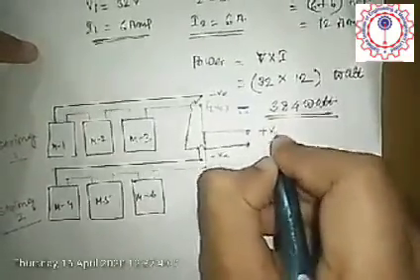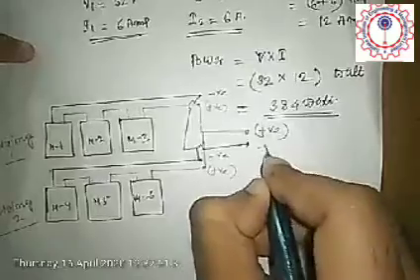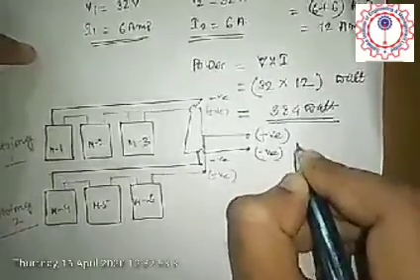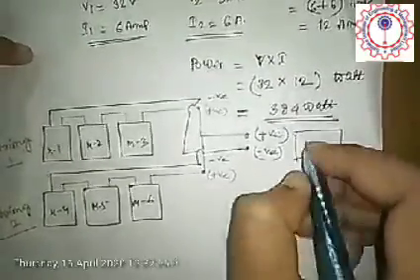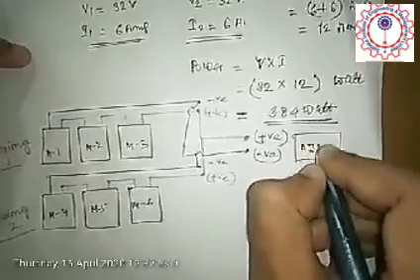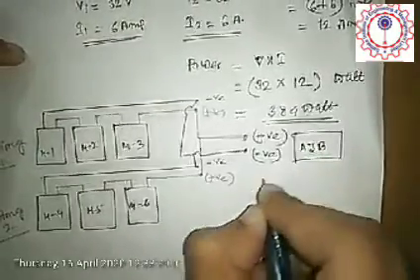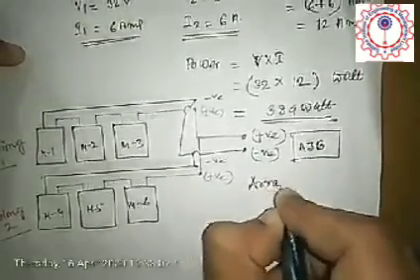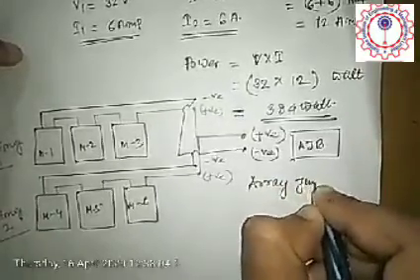This is the positive terminal, and finally this is the negative terminal, and it will move to the AJB. This is the array junction box.